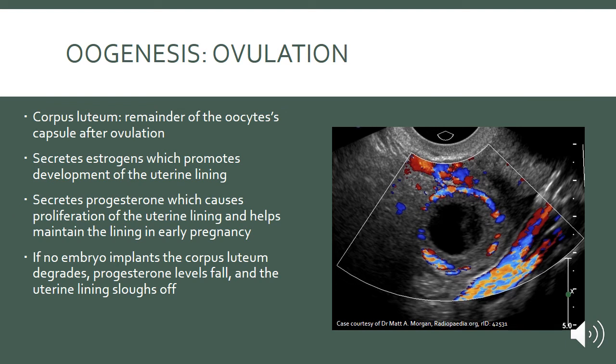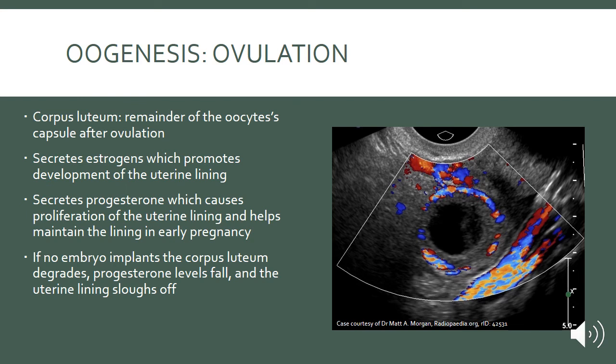If no embryo ends up implanting, then the corpus luteum degrades, the hormones are lost, and the uterine lining is passed. But in fact, there are women who have a history of early miscarriage who are found to be lacking in progesterone, which is one of those hormones that helps maintain and support the endometrial lining. By giving them progesterone supplementation, you may make it possible for them to carry a pregnancy past this first trimester stage.